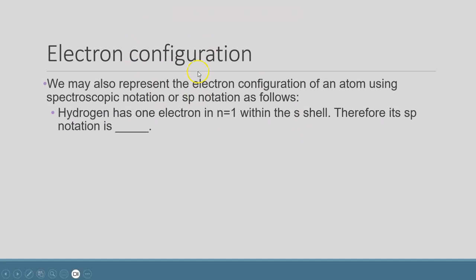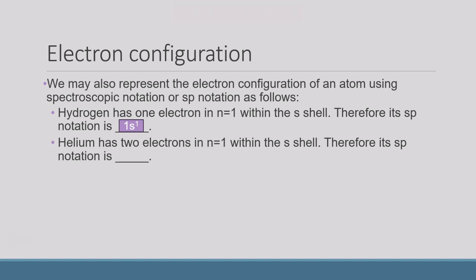Now, hydrogen has 1 electron in n equals 1, which is the first energy level, and the first energy level only has an s shell. So its SP notation or spectroscopic notation is 1s1. This 1 represents the first energy level, this s represents the s shell, and this 1 represents the 1 electron that lives within the s shell of hydrogen.